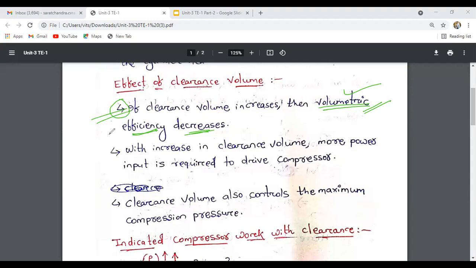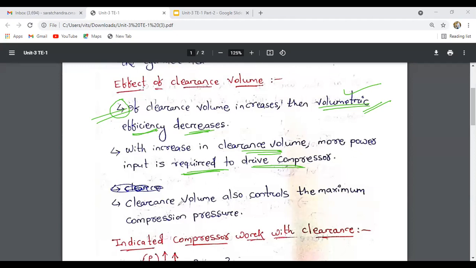Next, second point, what is the effect? With an increase in clearance volume, more power input will be required to run the compressor. If the clearance volume is more, then more power we have to supply to drive the compressor. As I have told you, in an air compressor, the crankshaft of the compressor is connected to a motor.